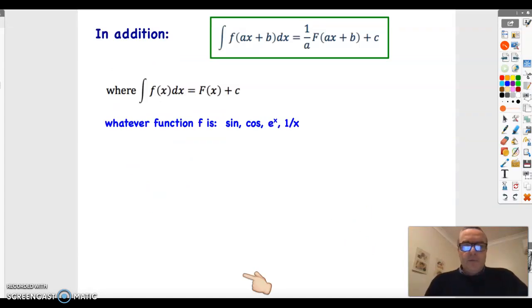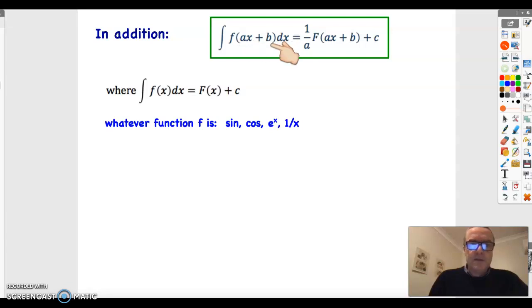Now, one other important rule to remember, and I say remember because this is a rule that's not going to be written on the formula sheet. If we are aware of basic rules of integration, so just where we've got something simple like e to the x, 1 over x, sine x, if we already know what that integral is, then the same rule applies if we've got not x but ax plus b as our input for that function.